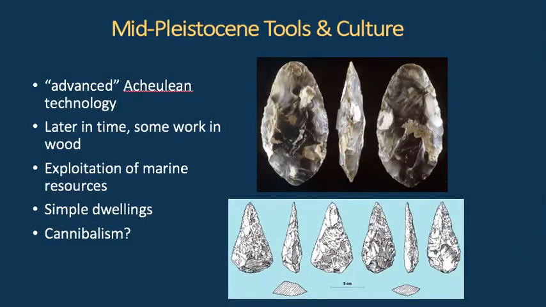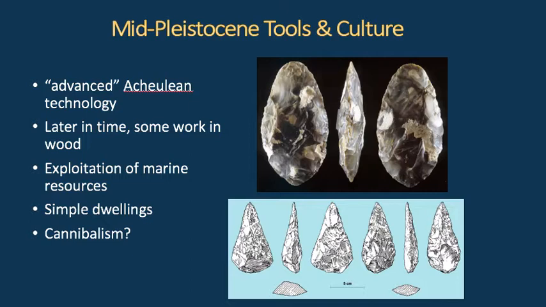As far as tools and cultures go, mid-Pleistocene tool and culture includes the advanced Acheulean. So here are some tools here. Same basic thing we talked about with the last slide set, a high level of standardization for these tools. So there's a level of sophistication here. We also have some tools that have been found that are made out of wood.